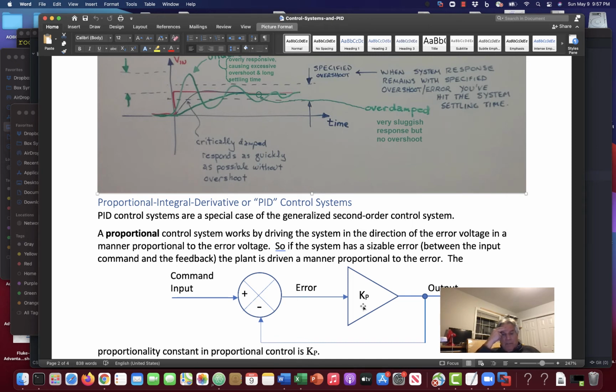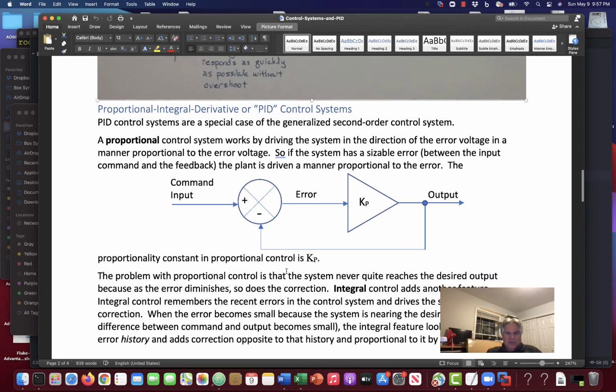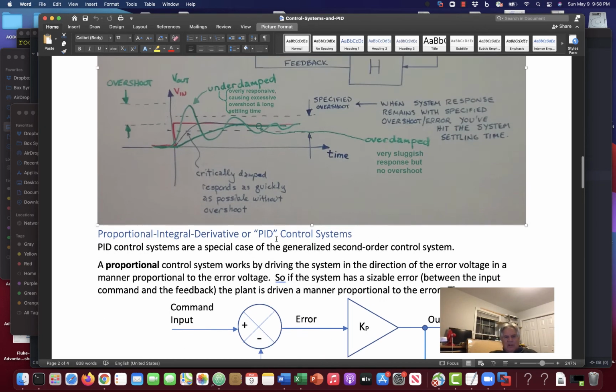Another way of characterizing those control systems with 3 different parameters is what's called a proportional integral derivative, or PID, control system. And so it's just another type of this second order control system.